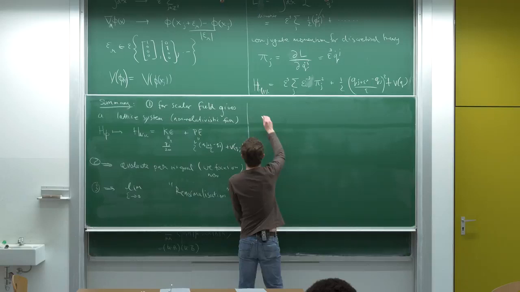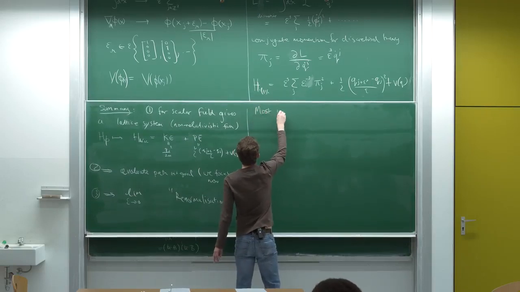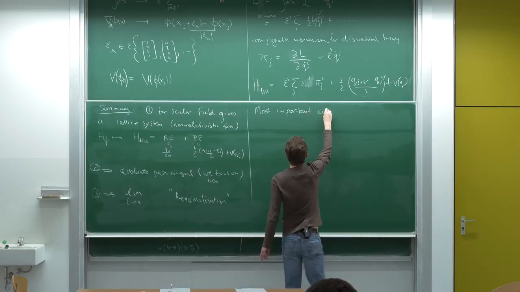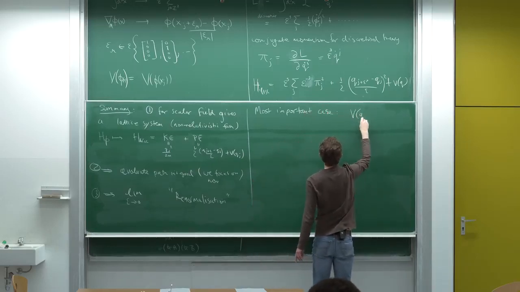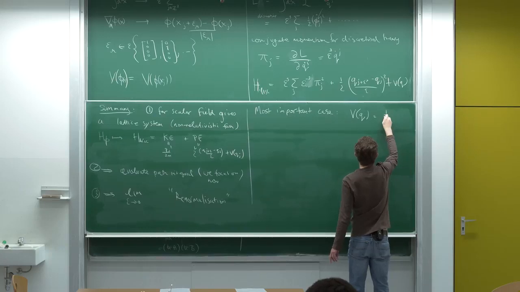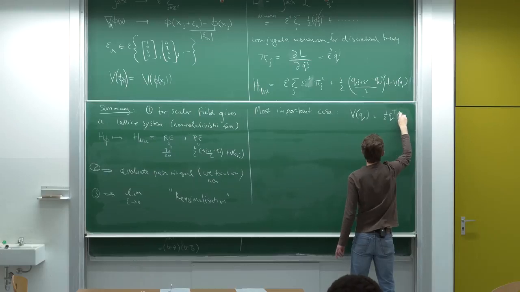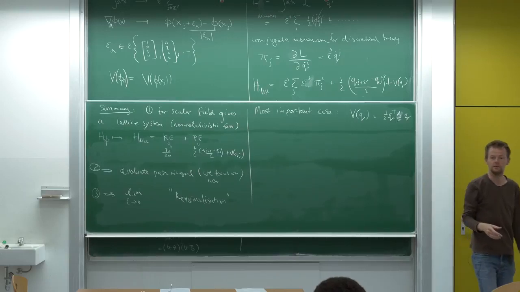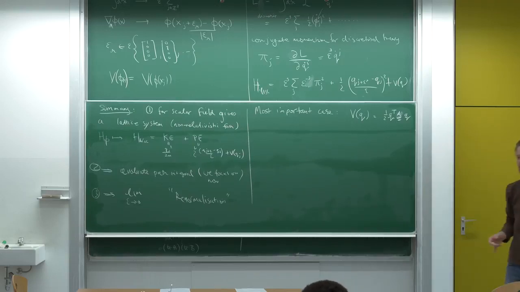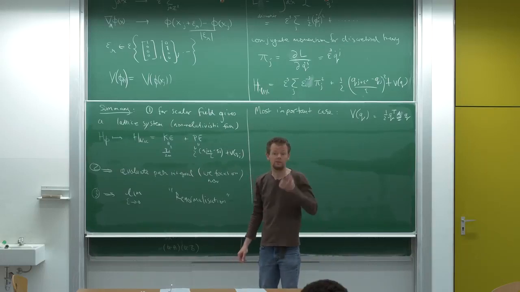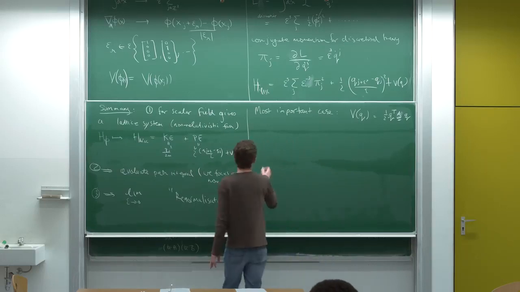Now, the most important case is when our potential is in some quadratic form. And this will correspond to Klein-Gordon theory in the field case.